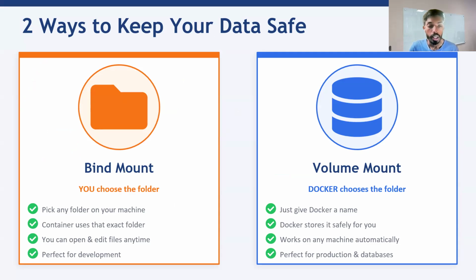Bind mount means you can create your own particular location inside your host machine, then map it to the container. But when it comes to volume mount, you are not the person who creates the storage location. Docker is the one that creates the volume or storage inside your host machine. Based on that, there are two methods, bind and volume. Understood?